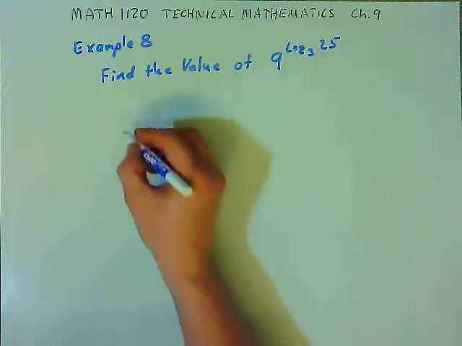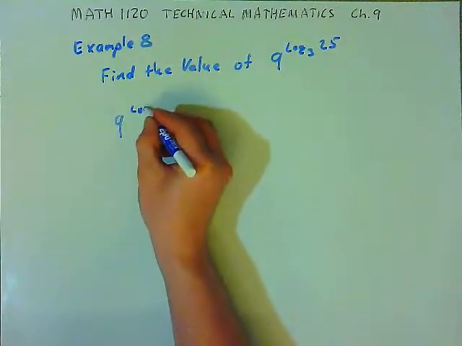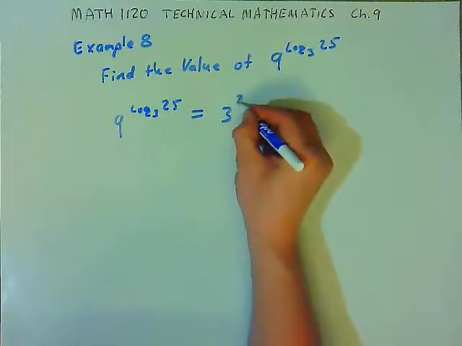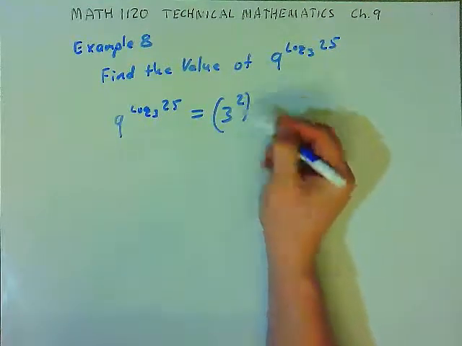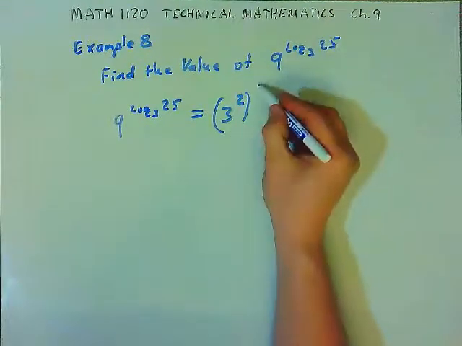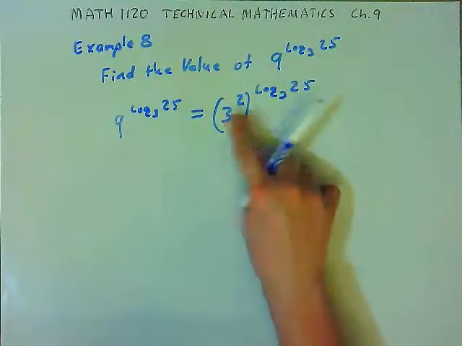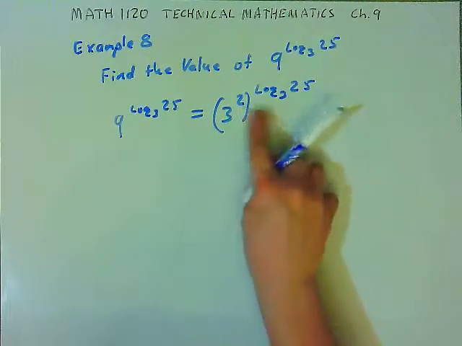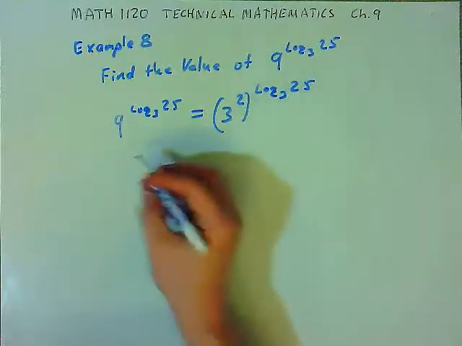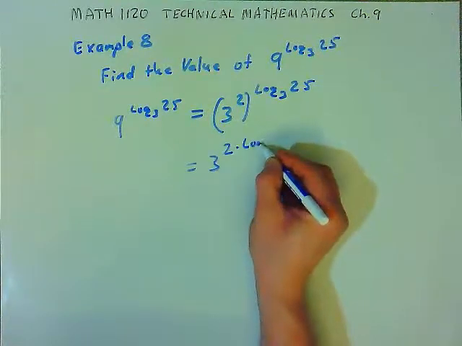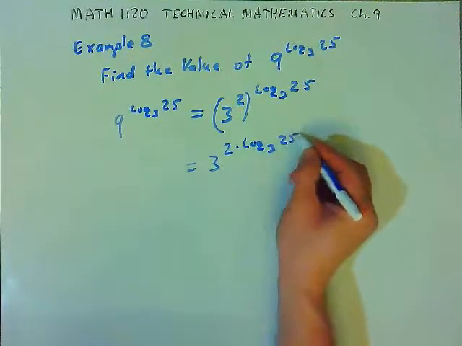And so we can rewrite 9 to the log base 3 of 25. That is the same thing as 3 squared, and that is 9. And all of that is being raised to the power of log base 3 of 25. And so when we raise a power to a power, we just multiply the exponents together. And so this will be the same as 3 to the 2 times log base 3 of 25 power.